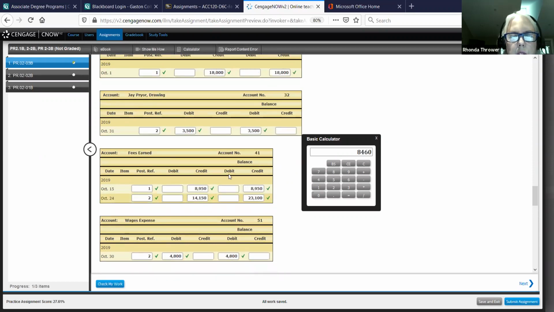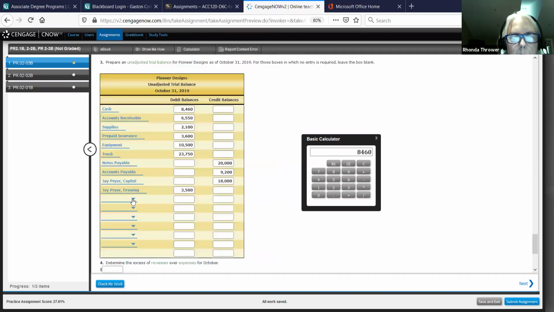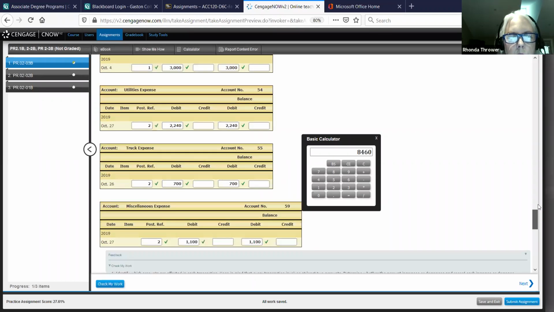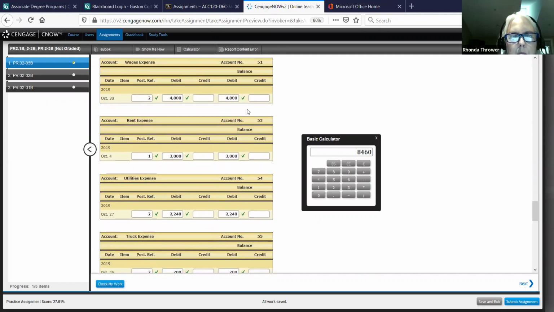Your next account is fees earned. It has a credit balance of $23,100. Your next account is wages expense. It has a debit balance of $4,800.